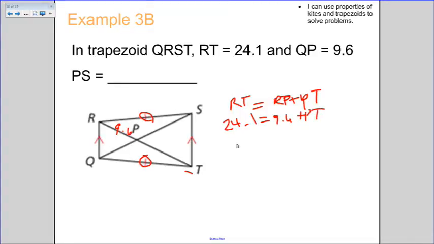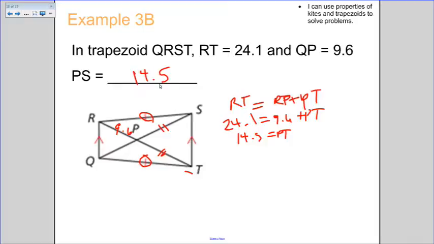Okay, subtract 9.6 from each side, and we're going to get 14.5. So if PT equals 14.5, then PS also equals 14.5. So our answer up here is 14.5.